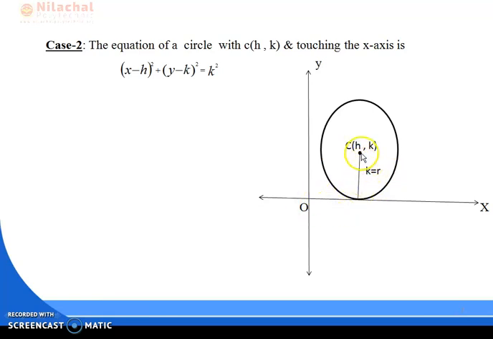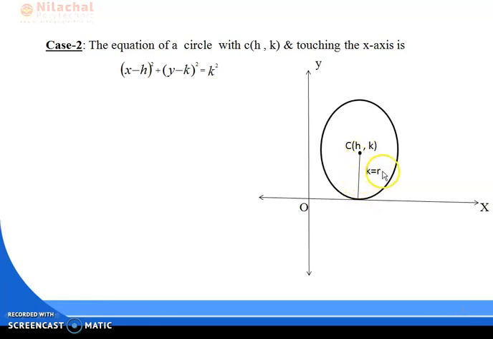But we know that the center is (h, k): the x coordinate is h, the y coordinate is k. How to find the point? Go h distance from 0 along x, then k distance up, then we get the (h, k) coordinate. So this is h distance, this is k distance.